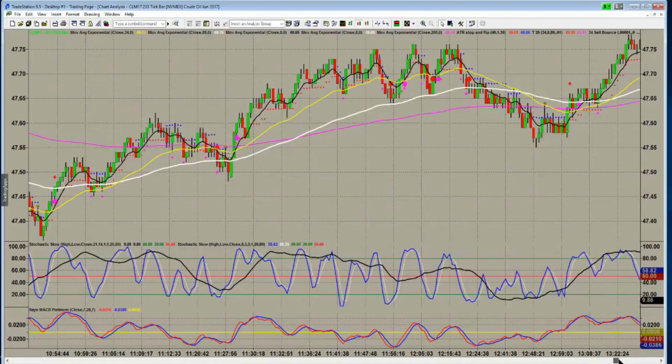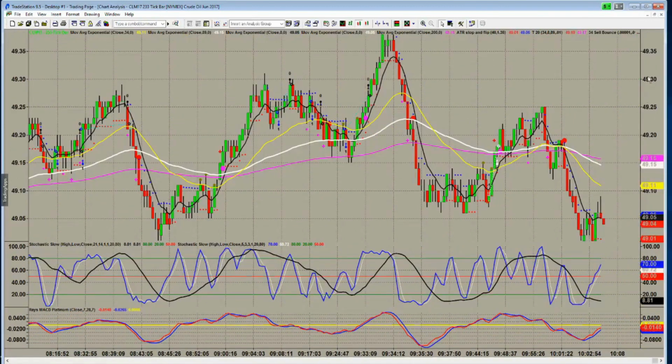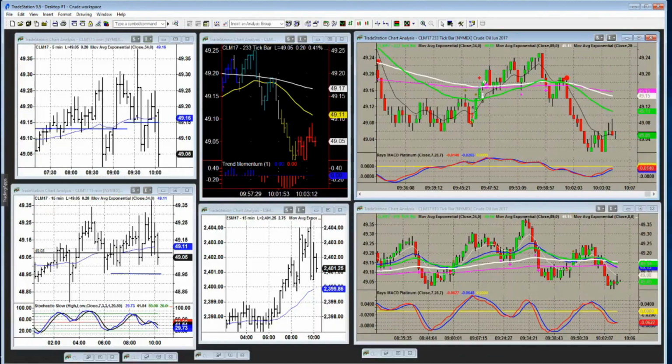Now today is a very unusual day, that we've had this kind of price action now for 4+ hours. And obviously it's not any good. Looks like it was going to be bullish, looks like it's going to be bearish.